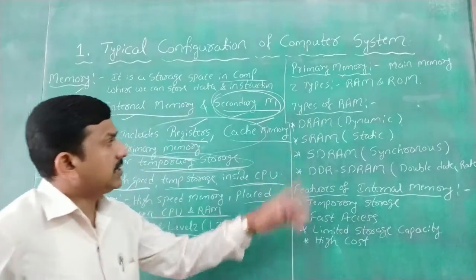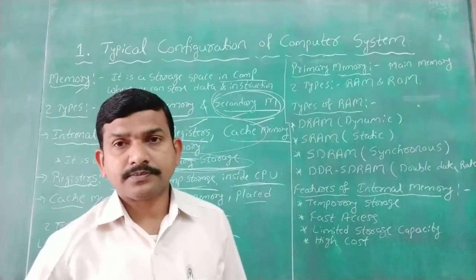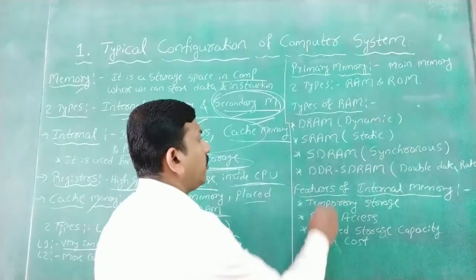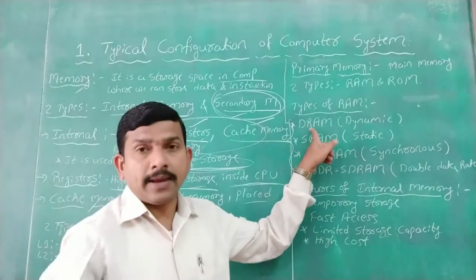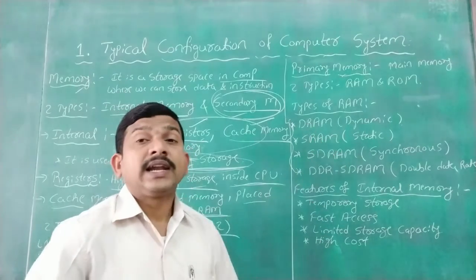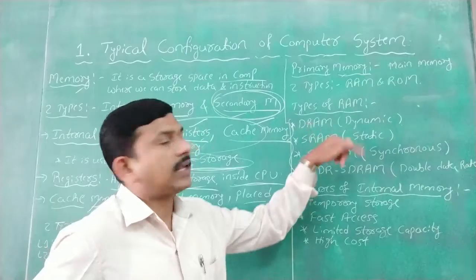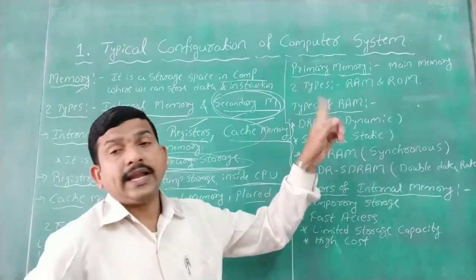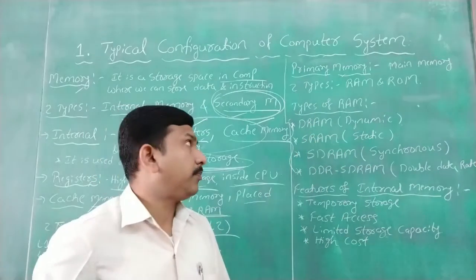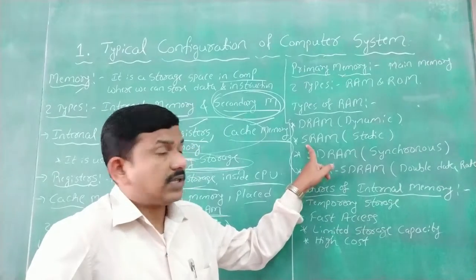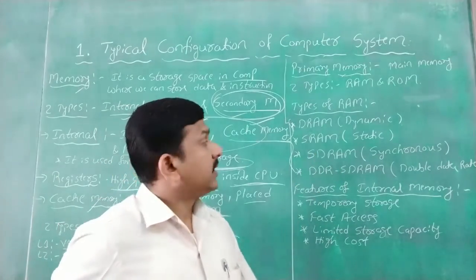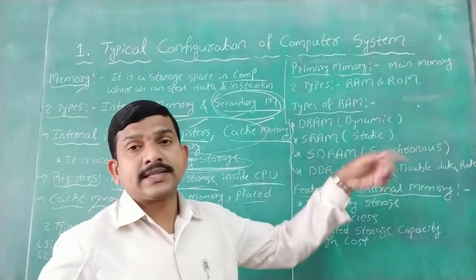So now let us discuss some of the different types of RAM. There are 4 different types of RAM. The first one is DRAM. D stands for dynamic RAM, or dynamic random access memory. The second one is SRAM, which is static RAM, static random access memory.